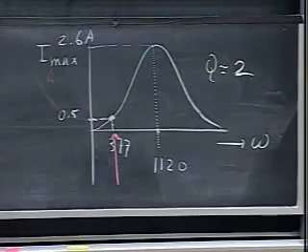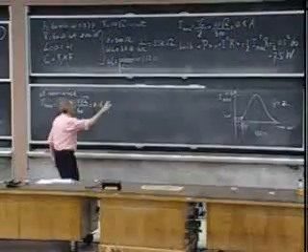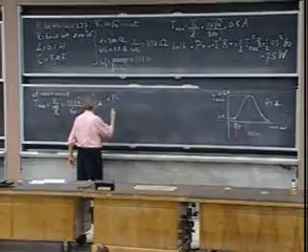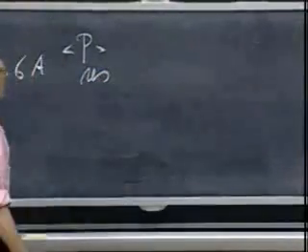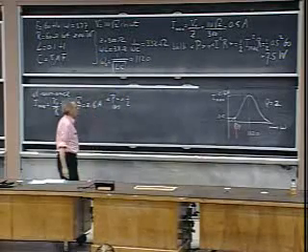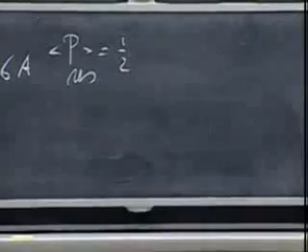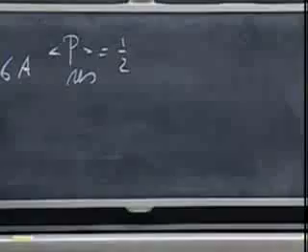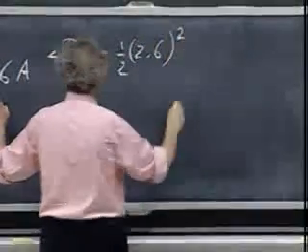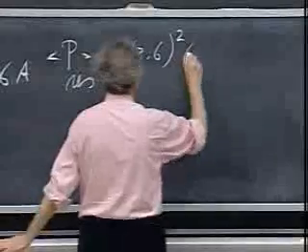I can calculate what the power is that the bulb is dissipating at resonance. Well, that is my 1/2, which is the time average cosine squared. My I max is now 2.6 amperes, so I get 2.6 squared, and my resistance is still 60 ohms.